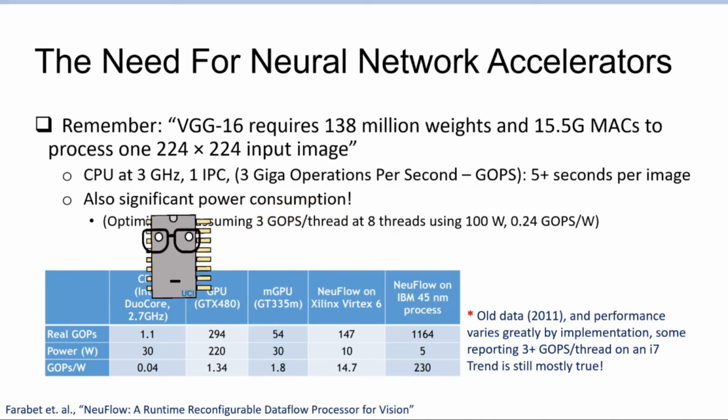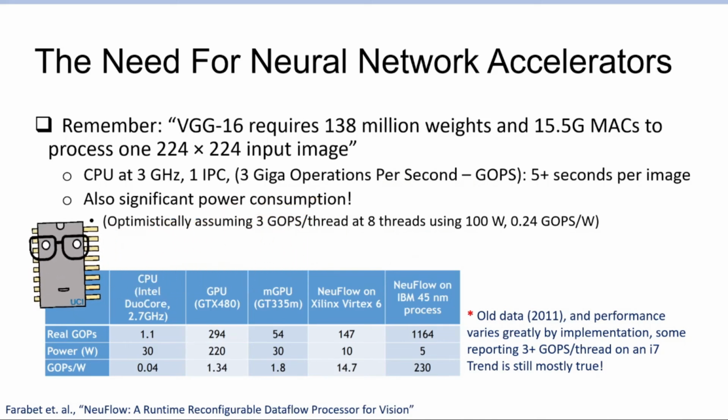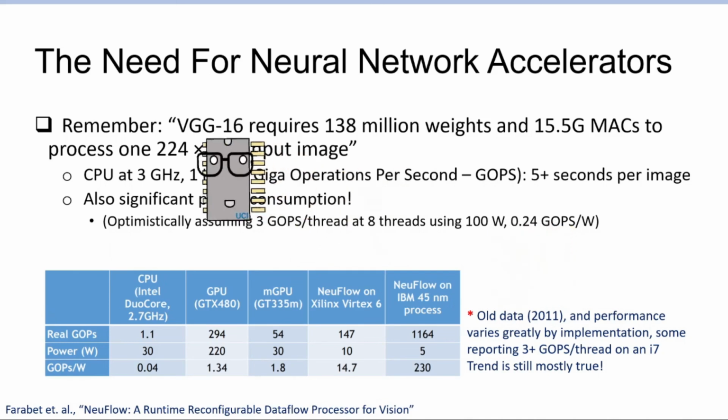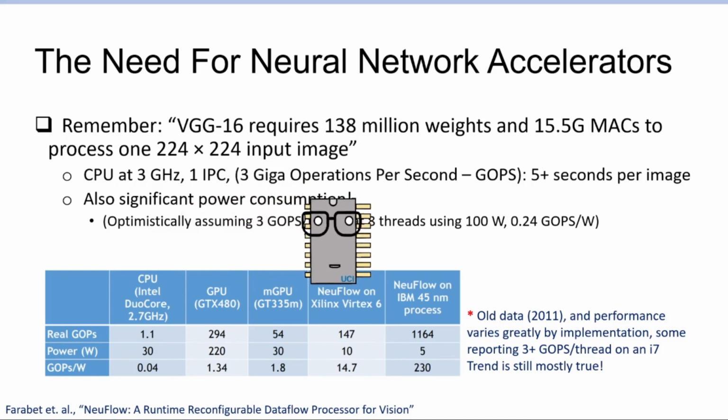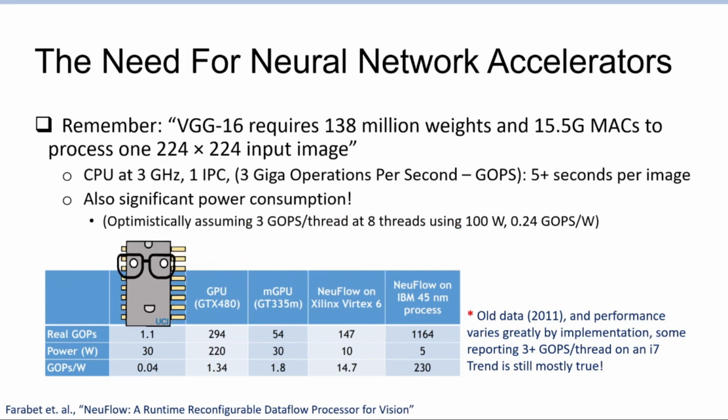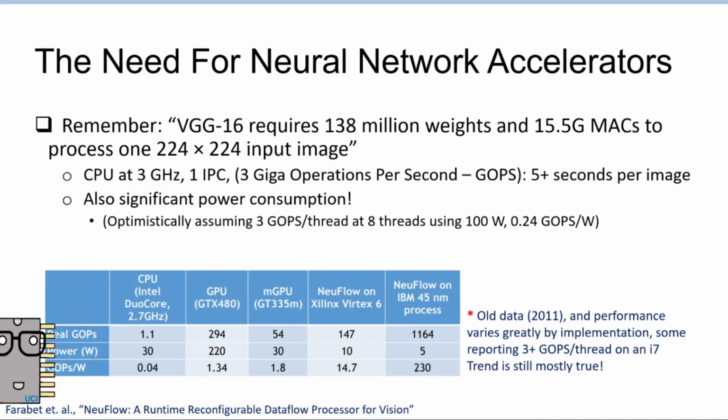Here's some old data from 2011, but it was a good comparison that I could find. If you compare the gigaops performance, power consumption, and the resulting gigaops per watt for CPUs, GPUs, mobile GPUs, FPGAs, and ASICs, first of all, the actual performance increases by leaps and bounds as we move to different implementation architectures.